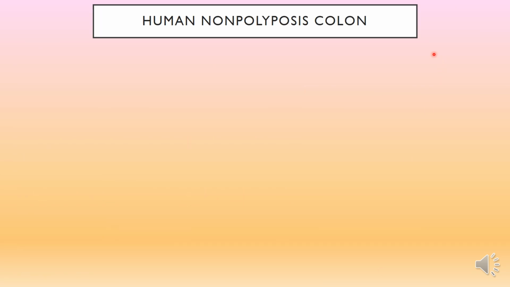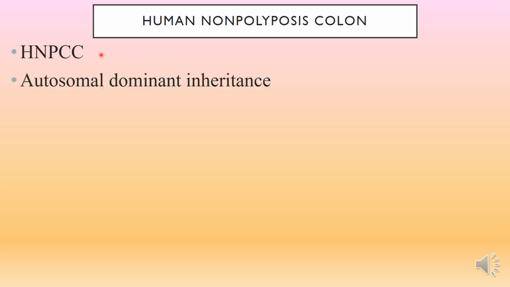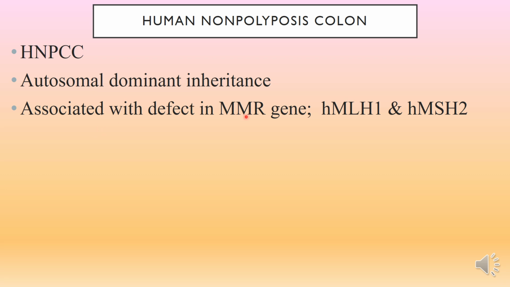In humans, hereditary non-polyposis colon cancer is seen. It is also abbreviated as HNPCC, and it is an autosomal dominant inheritance. It is associated with defective mismatch repair genes, named hMLH1, hMSH1 and hMSH2.